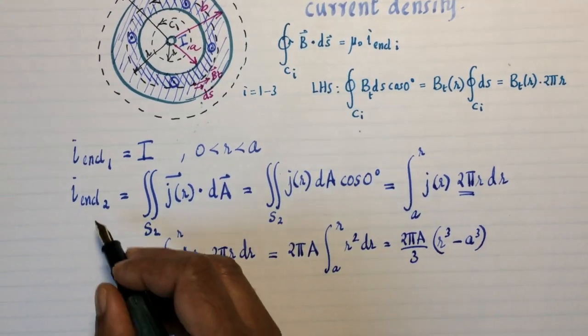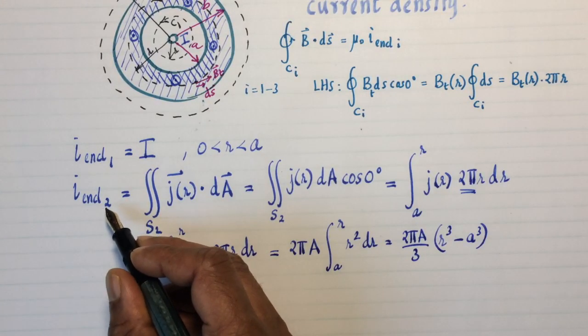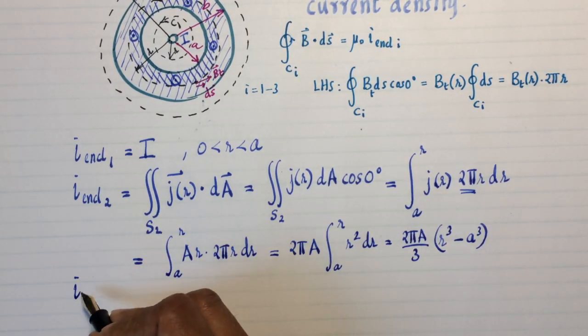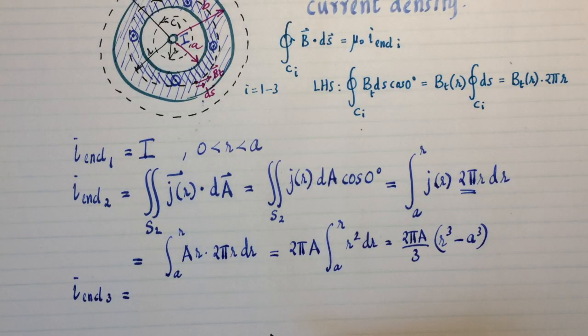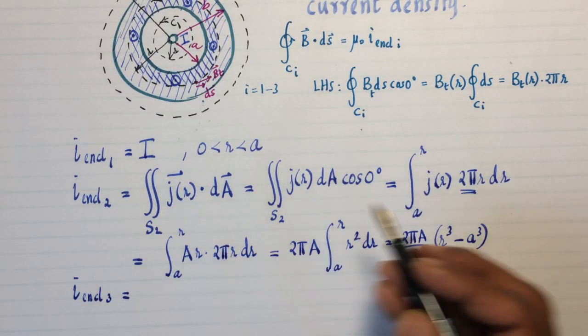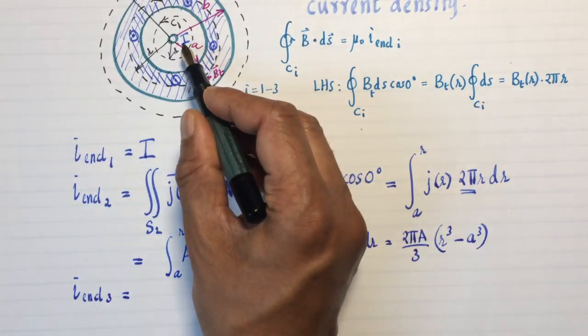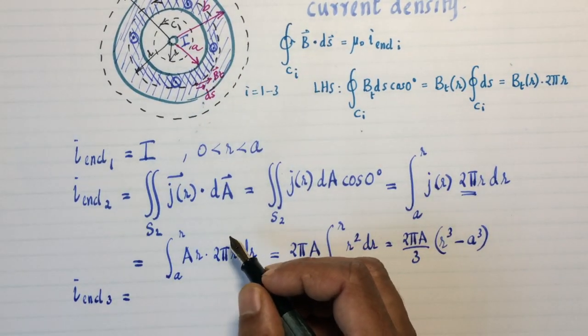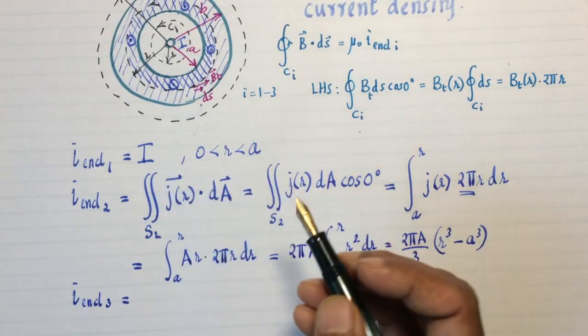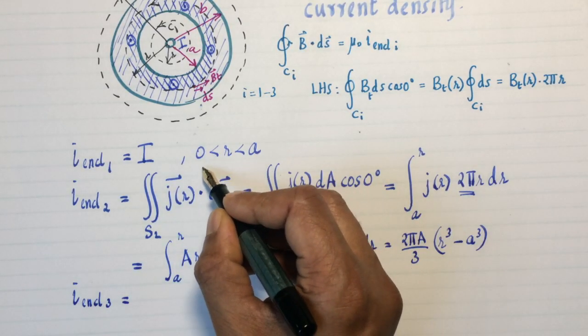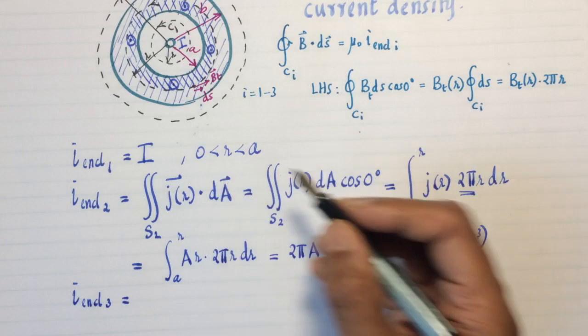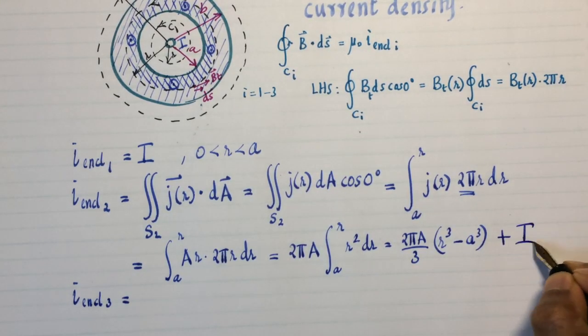Once I've found the current enclosed in the Amperian loop 2, the current enclosed by the entire Amperian thing. Oh, by the way, current enclosed by 2 should also include that I. So that's one of the reasons why I didn't want to put this I initially. So this is I enclosed 2 will include this I, because I is also enclosed in there. So we'll just add this I at the end.